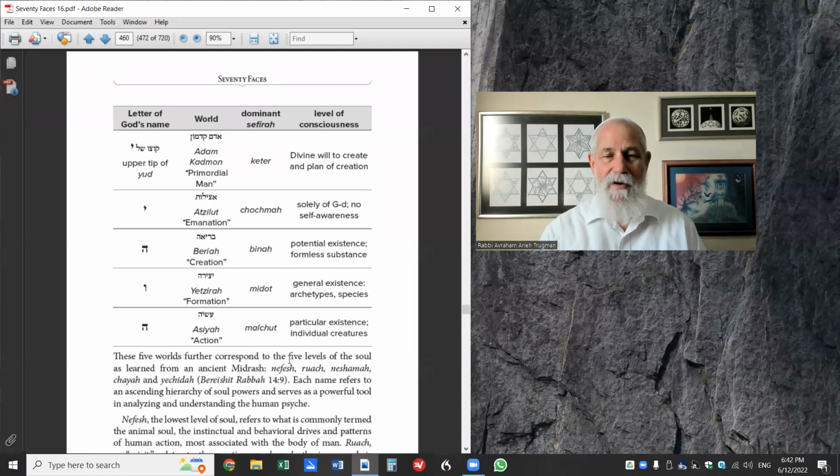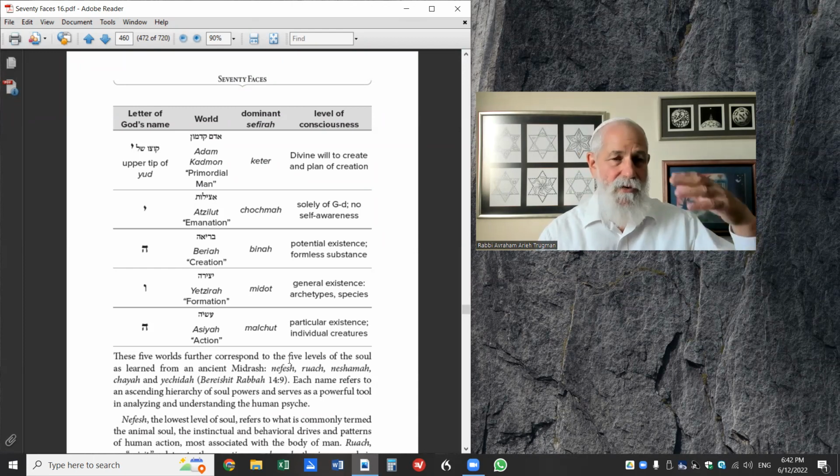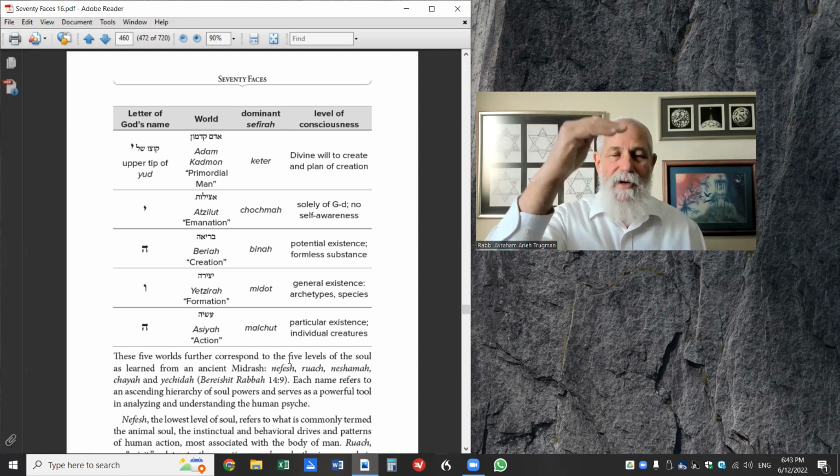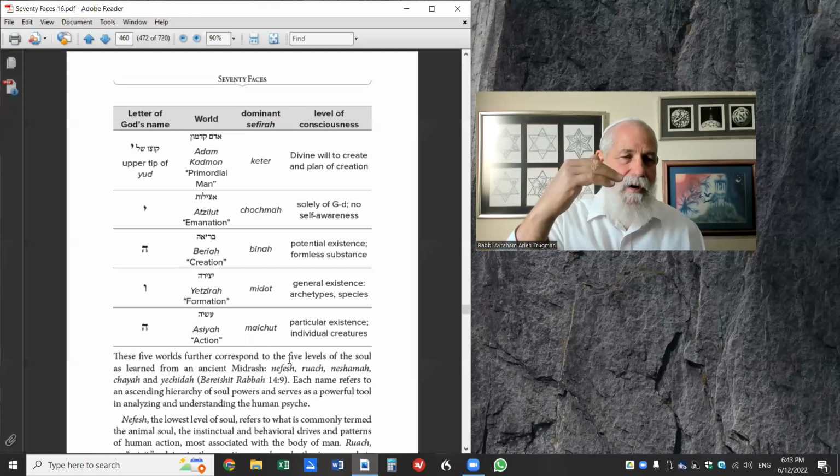So this is obviously a very important chart, which again helps us take the letters of God's name and see how they're manifest in all of the created worlds, because the lowest world, Asiyah, is this physical material world. And as you go up the worlds, it becomes more and more, we'll call it, ethereal, or more godly, or more spiritual.